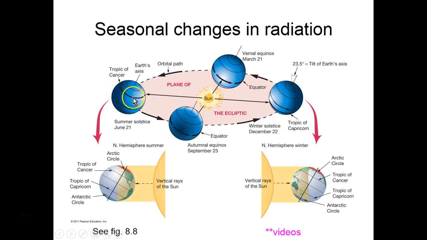Essentially, this is when the northern hemisphere experiences its longest day. The opposite would be true for the southern hemisphere, which would be experiencing its shortest day of the year.